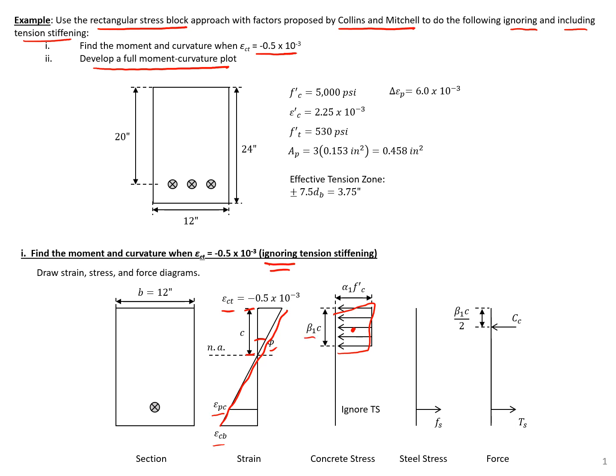We have a beta 1 and an alpha 1 factor that we'll use, and these equations I'll show on the following slides. In terms of our steel stress, we only have our pre-stressing strands, so we'll need the stress in those pre-stressing strands, and then the force diagram will have the force from our pre-stressing strands and the force from our concrete component. And again, this is when we're ignoring tension stiffening to start.